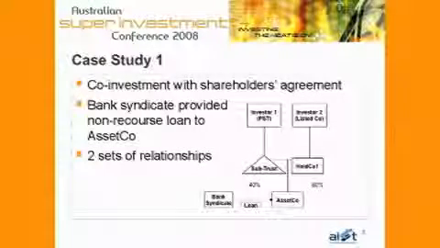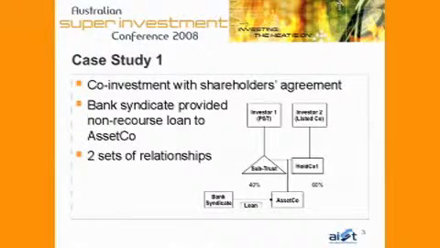Investor 1 holds Asset Co through a subtrust, and it has a 40% interest in Asset Co. Let's assume that investor 2 holds Asset Co through Holdco 1, a wholly owned subsidiary, and it holds 60% of Asset Co. And Asset Co has a loan from a banking syndicate. With this case study, what we'll be focusing on are the shareholders' agreement and the loan document.